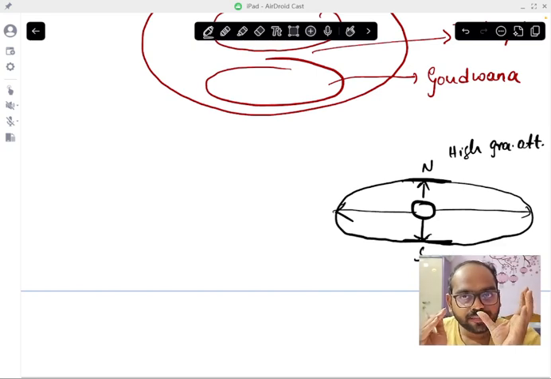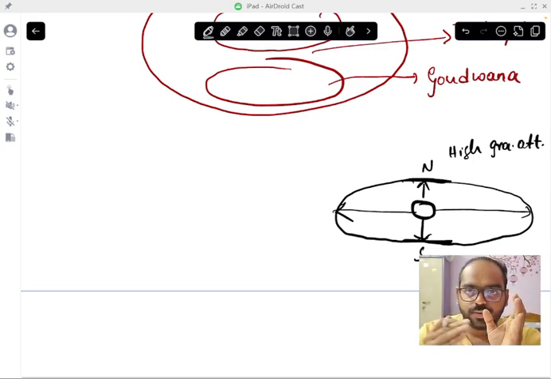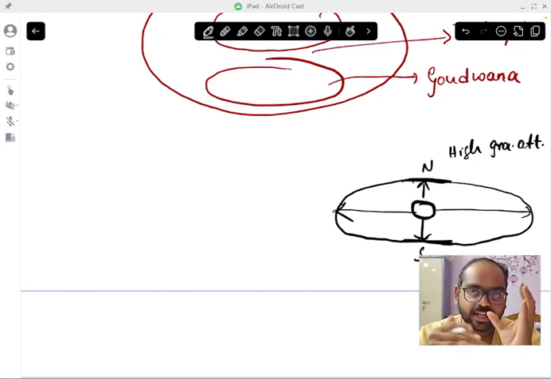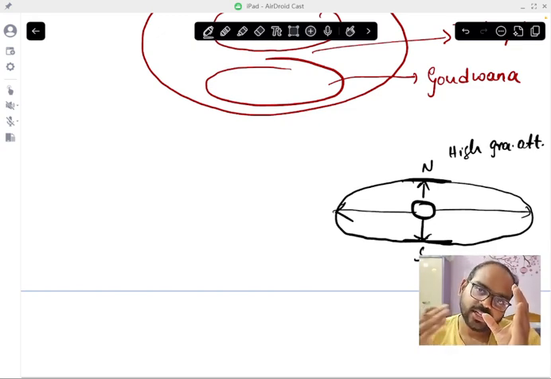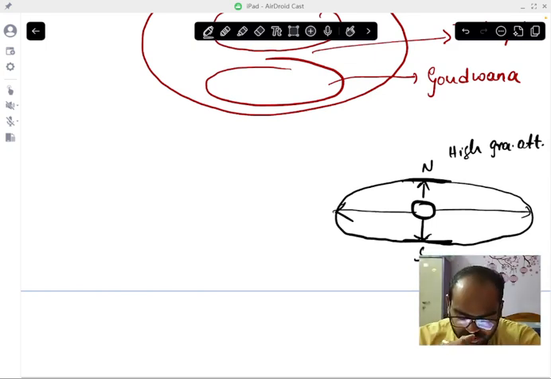Whenever a material is dense, it has high gravity, and it has a tendency to attract materials that are less dense. So that's why, as it is nearer to the poles, gravitational attraction is more at the poles.